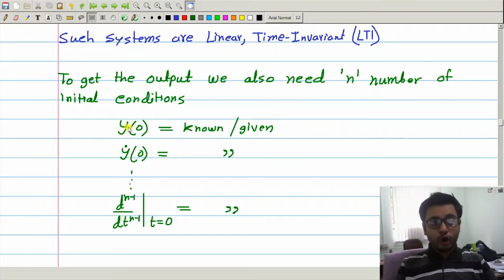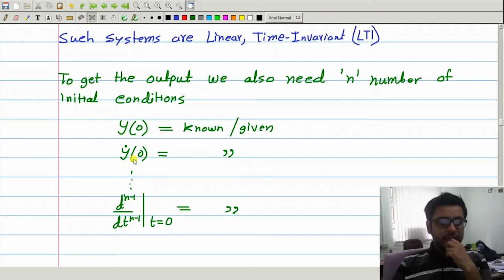The value of the output y at t equal to 0 should be known or given. The value of the derivative of the output at the beginning should be given, and so on.